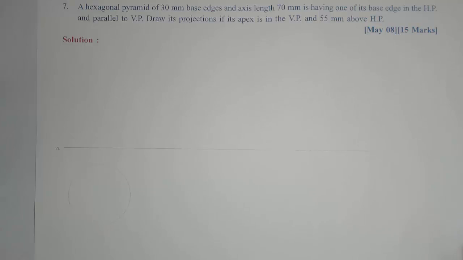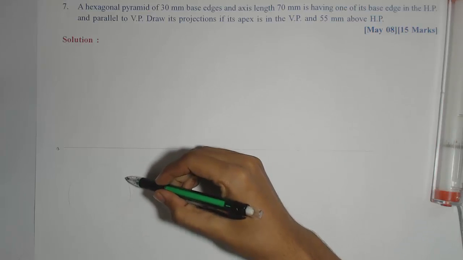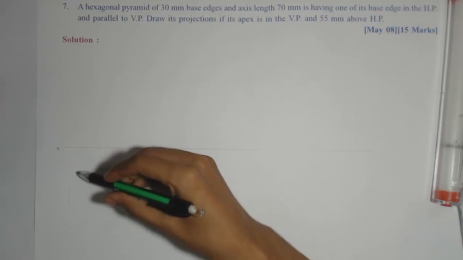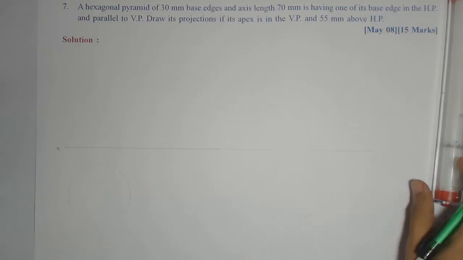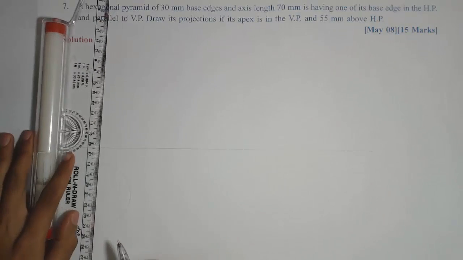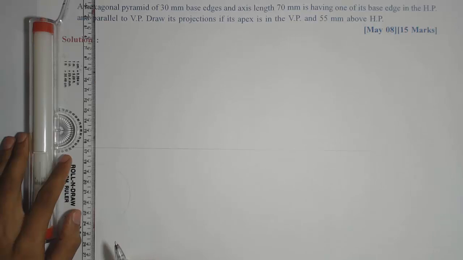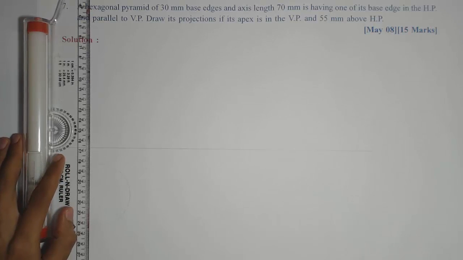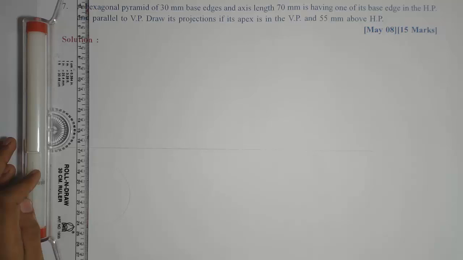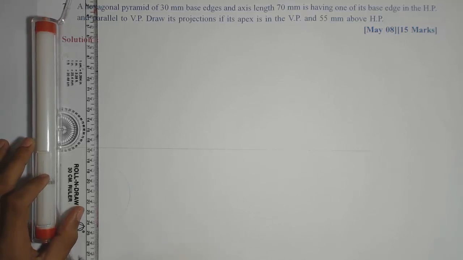Now, as I discussed earlier, for getting two edges vertical in the hexagon, I should take the help of the vertical diameter to mark the arcs and not the horizontal diameter. So here I will draw the vertical diameter first, which will be perpendicular to the XY line.